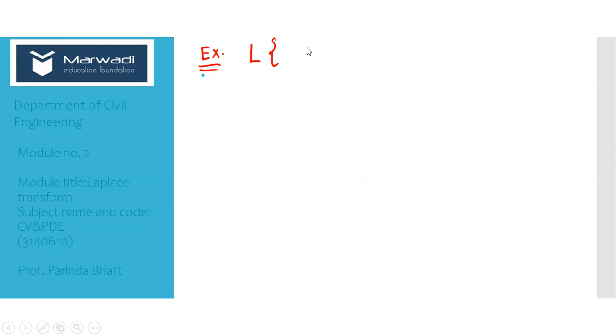Okay, now we do one problem of multiplication by t, right? Laplace of t sine omega t. Omega is a constant. Okay. Now as per our rule, first apply the Laplace transform of sine omega t and then apply the whole term.